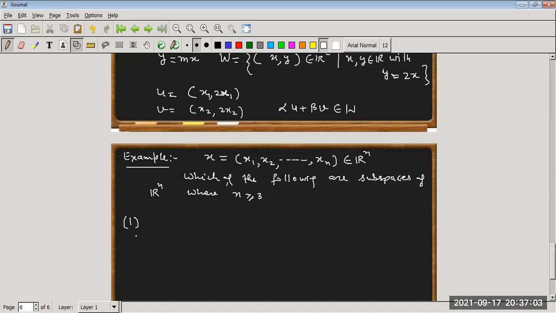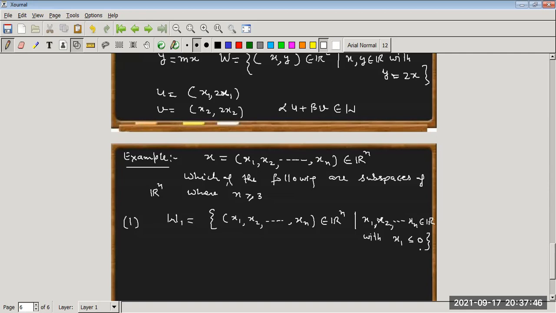First one, if we consider W1, such that it is in the form of (x1, x2, ..., xn), belonging to Rn, such that x1, x2, ..., xn are real numbers belonging to R, with the condition that x1 is less than or equal to 0.